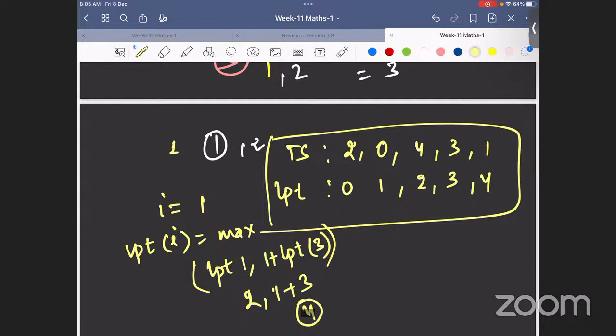If you are going from 2 to 1, that is the longest path, and its length is 4. So if we start from 2 and go to vertex 1, it will be the longest path, and we would have to cover 4 vertices, right? Correct.